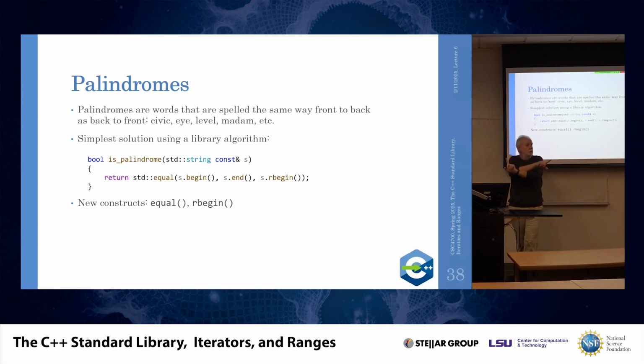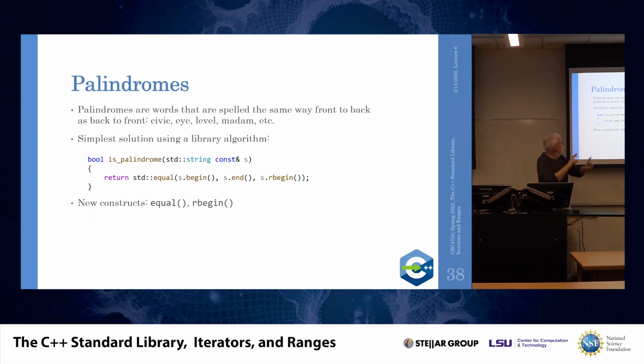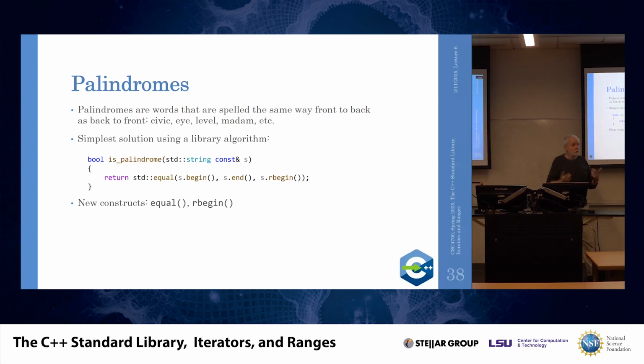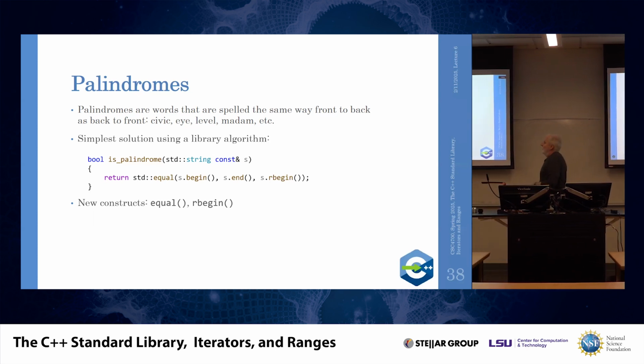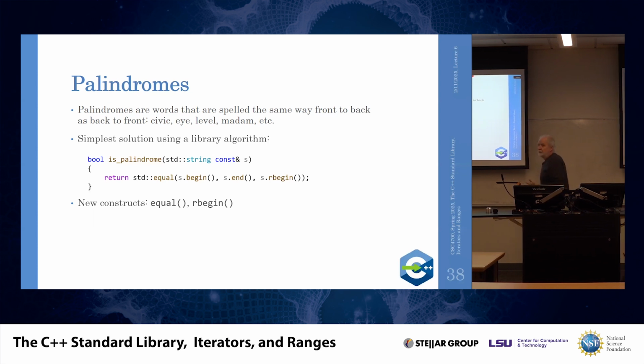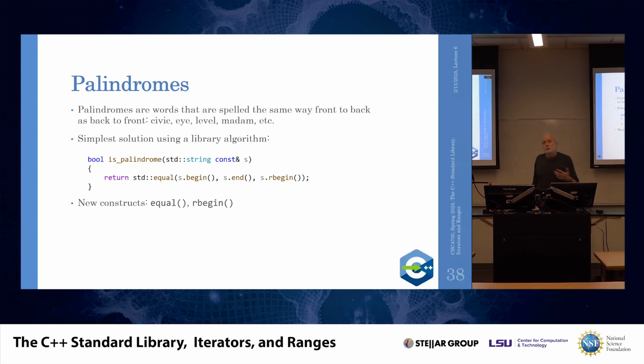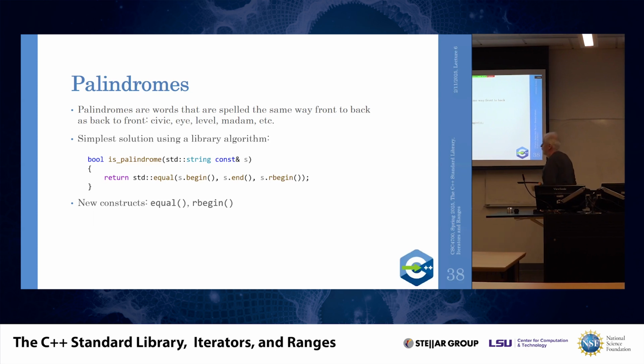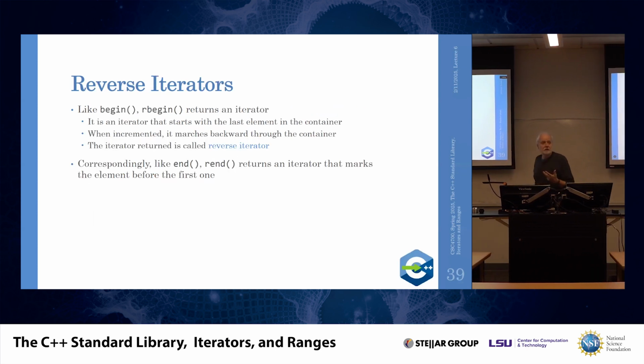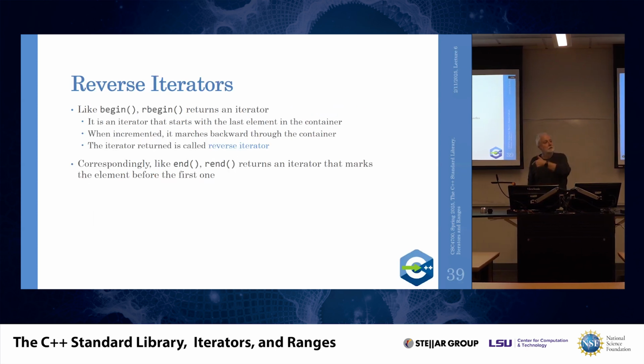So it will return true if those two sequences are equal, which means that I can read the word backwards and forwards. So rbegin is another example of an iterator that allows to do more complicated things than just referring to an element. But the trick is you increment it and it goes backwards.